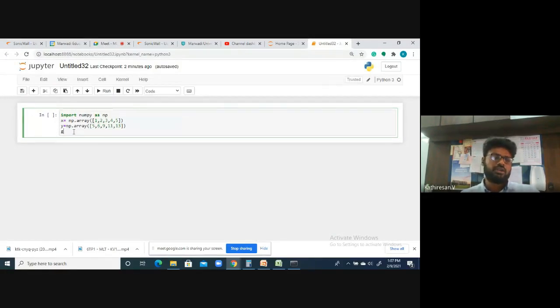So you have to create two arrays x and y. Both should be NumPy arrays, simple arrays. I'm calling the function gradient descent. I'm simply declaring a function, that's all. This is a function call, and you have to write the function definition.